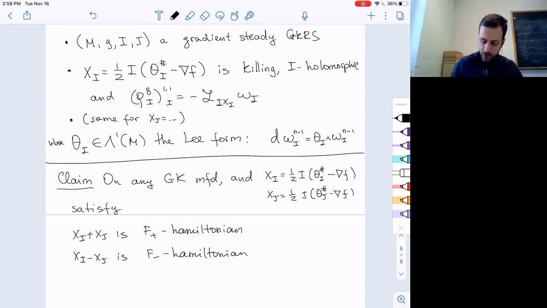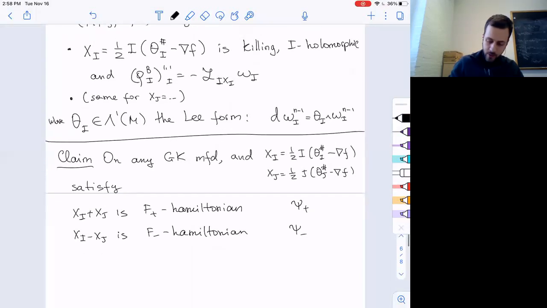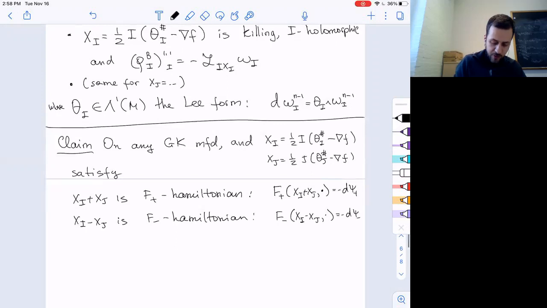Okay. And the Hamiltonians, maybe I call this Hamiltonian psi plus here and psi minus here. Let me write it down. F plus of (X_I plus X_J) equals negative d psi plus. F minus of (X_I minus X_J) equals negative d psi minus. And specifically, you can write down what these psi are.